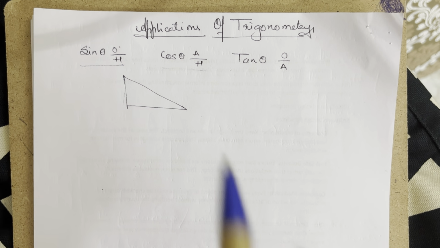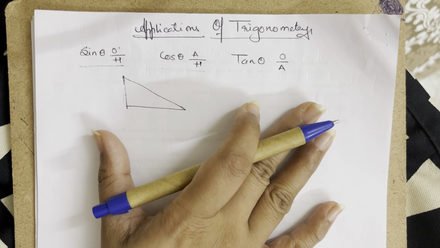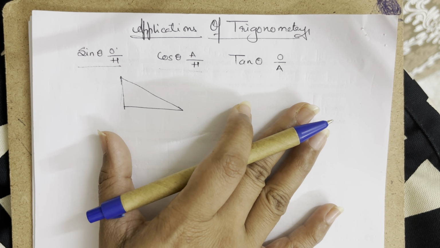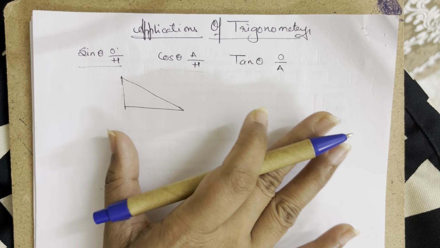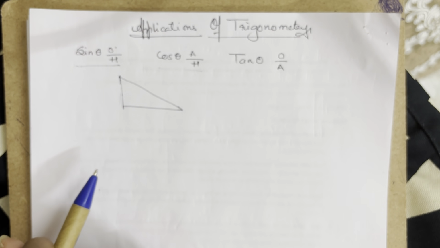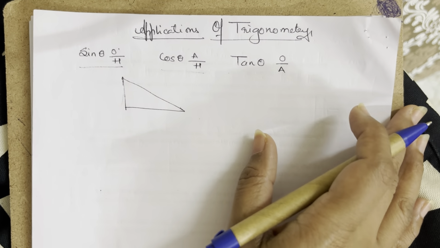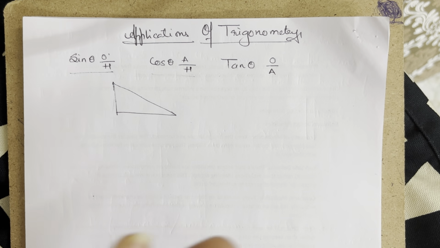So trigonometry is not just applicable for now. Up till the 10th standard, we understand that trigonometry is applicable to right angled triangles, but it is not restricted to right angled triangles alone. For now let's just stick to right angle triangles only.